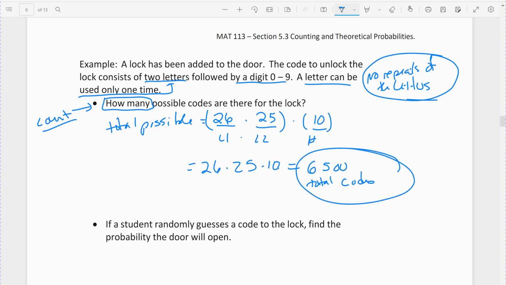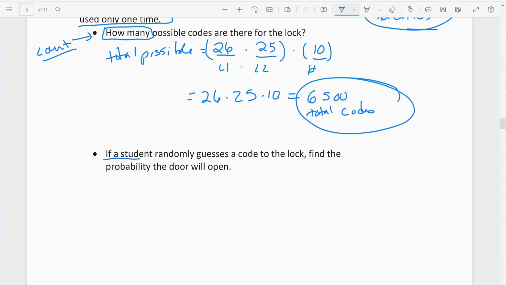Total possible codes. If a student is randomly guessing the code for the lock, find the probability. So this would be probability: events over total, and we use the total that we found. What's the chance they guess it right?